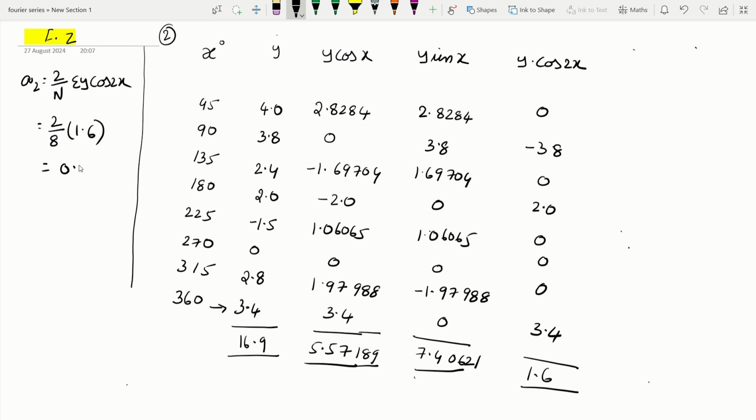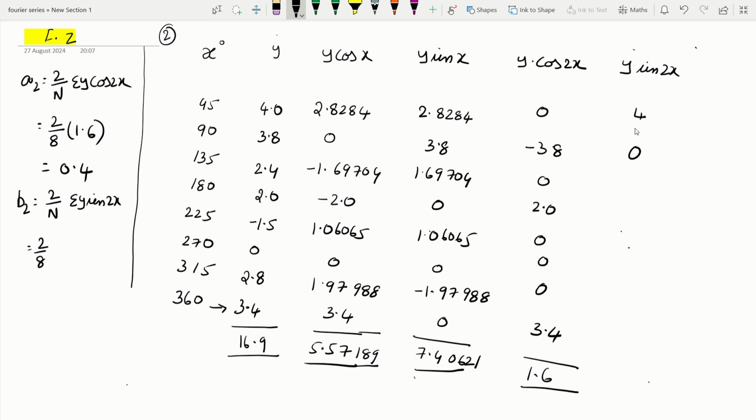And finally we need to calculate B2 also. 2 by n summation y sin 2x. Then 2 by 8 we have to calculate. For summation y sin 2x, again direct, not required to calculate 2 into x, then sine of 2x, then multiplication with y step by step. Directly you will get the answer from your calculator if you are able to enter this in your calculator.